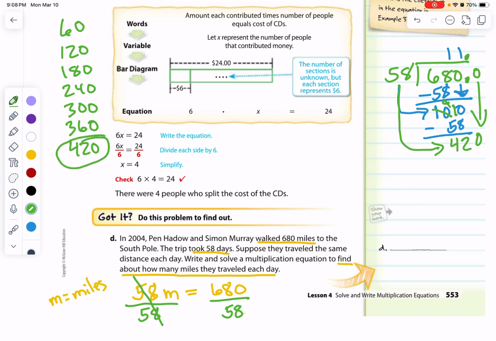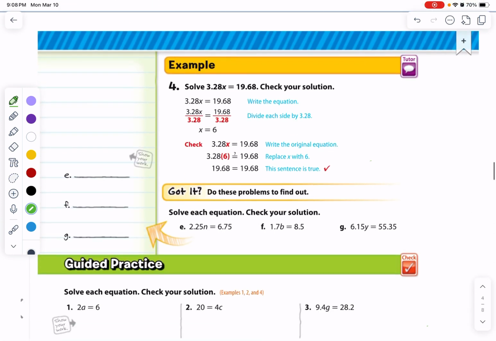Oh, look at that. There is our magic number. So that's 7. Who knew that would divide so nicely? 420 subtract 0. Okay, so they walked approximately 11.7 miles per day. Cool. All right.